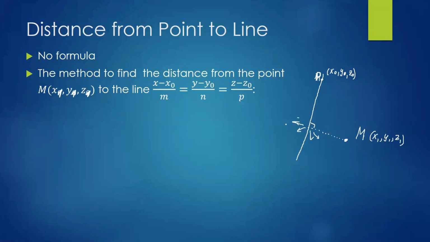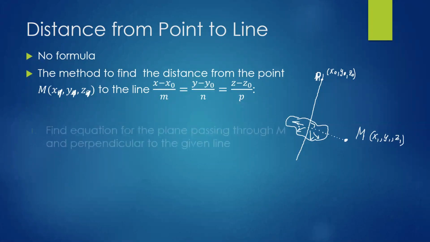Imagine many directions that are perpendicular to the line. So first of all, we need to find the correct direction from M that would go exactly towards the line, because in three dimensions it's very easy to go slightly at an angle and go past the line, not hitting the line.